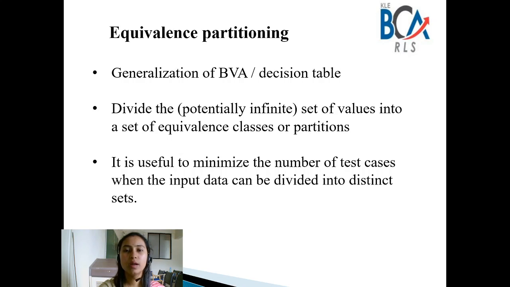So you make partitions. It is very helpful to minimize the number of test cases you have written. For example, if you have written 10 test cases for one feature, you can reduce it, right? You make it half of it, and when the input data can be divided into distinct sets, you can minimize the number of test cases by using equivalence partitioning.